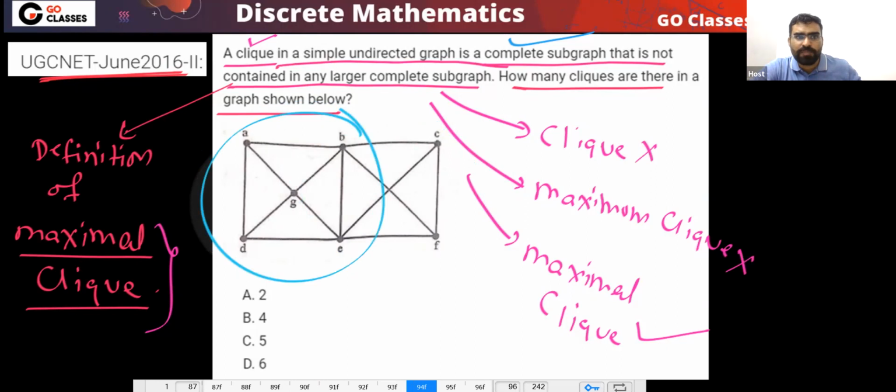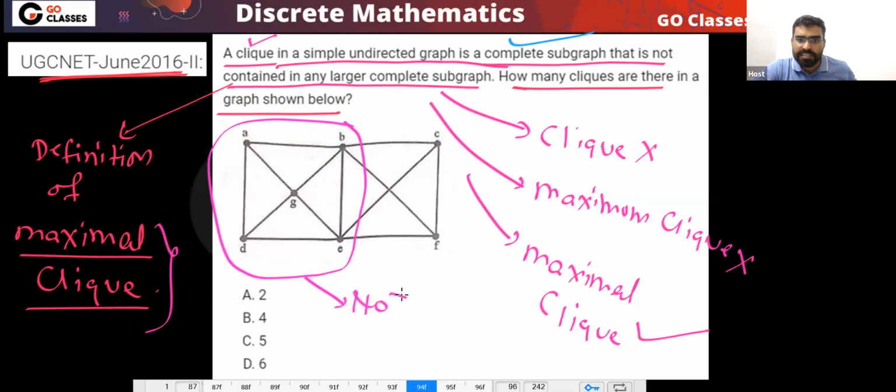This is not a complete subgraph because you have this vertex. Here there is no vertex, but here we have a vertex. This is a very nice question. Are you getting that this is not a clique? This is not a complete subgraph.